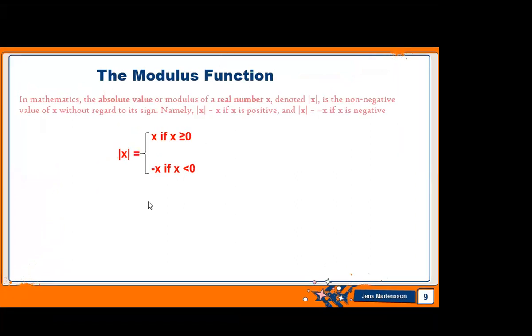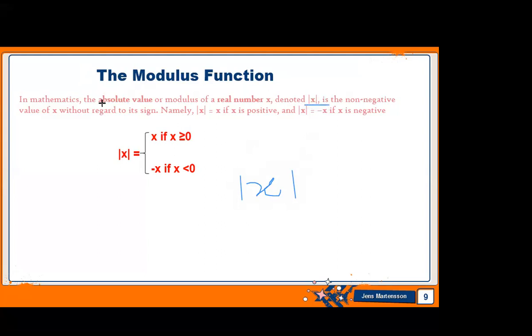In mathematics, the absolute value or modulus of a real number x is denoted like mod x. Mod x means here you can see that x is written with these vertical lines, and these vertical lines are called mod.